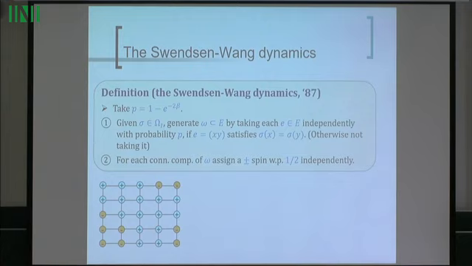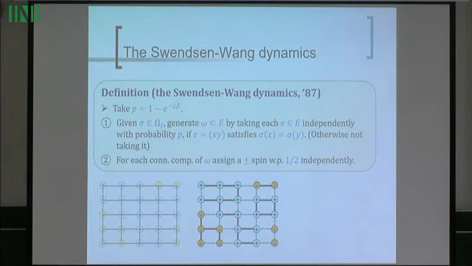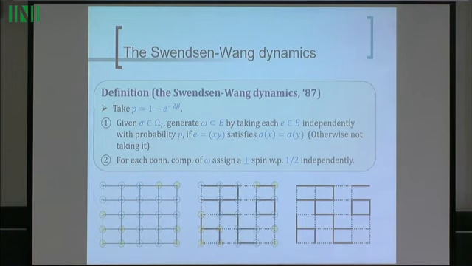To see it in the pictures, we start from a spin configuration, and after the first step, we obtain an edge configuration by selecting monochromatic edges with probability p independently. Then we forget the previous spin, and update into a new spin by component-wise uniformly random assignment. So we get a new spin here.